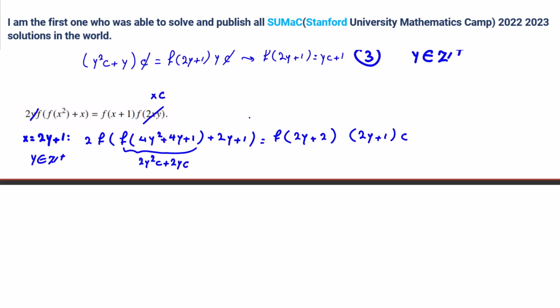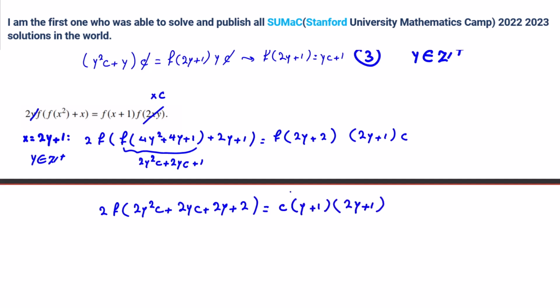Okay, so now it is 2f of 2y squared c plus 2yc plus 2y plus 2 is equal to f of 2y plus 2, which is just c times y plus 1. Yes, c times y plus 1 times 2y plus 1 times c, or c squared, right?